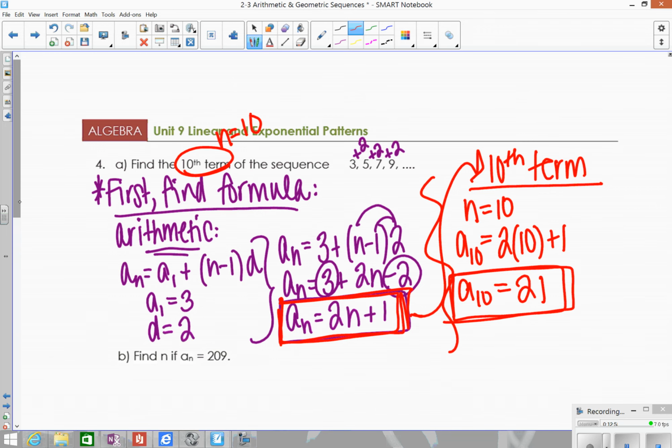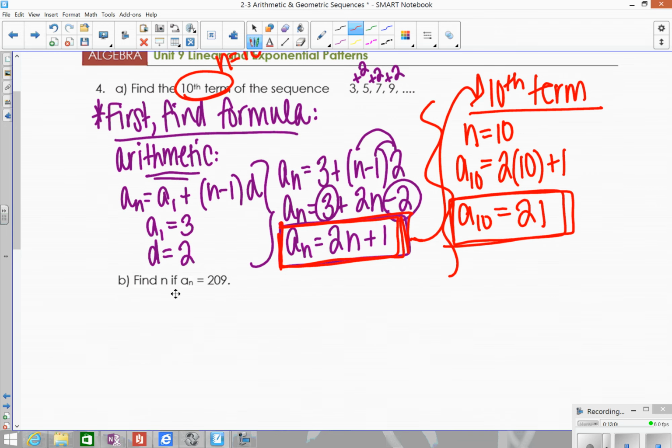So now the second part is asking us to find n if a sub n equals 209. That means it wants us to find what term number is 209. So this time we have our formula, so I'm still going to use it again. a sub n equals 2n plus 1, but instead of plugging in for n, since I'm trying to find n, I'm going to plug in for a sub n.